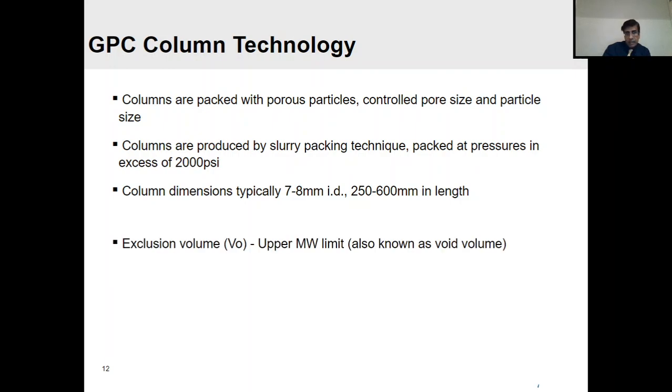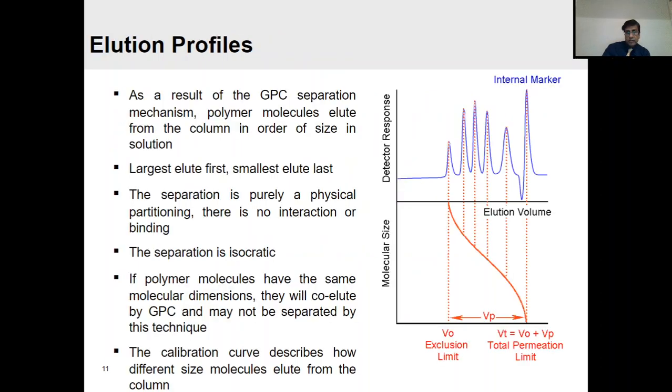Here the terminology means, V naught is the exclusion volume upper limit, meaning after that, no matter how large the molecular weight you have, all molecules will be eluted at the same place. That is called the upper limit. I will take you back to the previous slide.